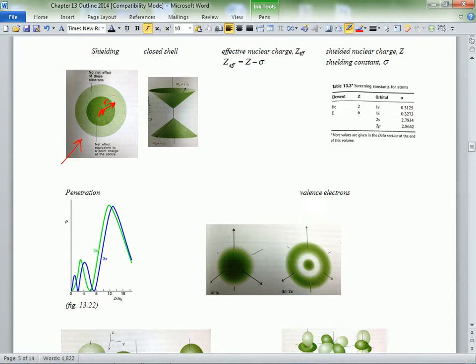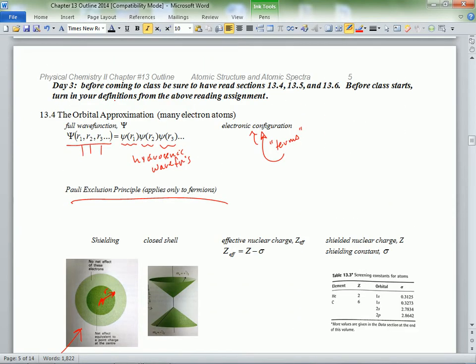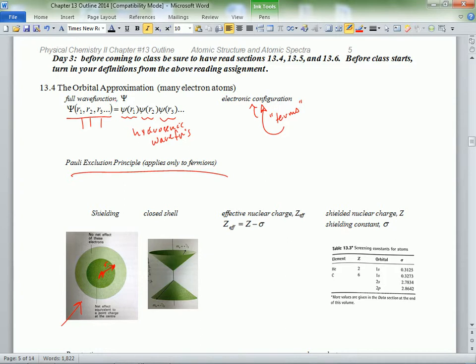Sorry, this may seem like a silly question, but we talk about the s, p and the various orbitals. Is that like dumbbell shape or spherical shape? Does that make a difference? Now, that's solutions to the Schrödinger equation for what type of atom? Hydrogenic. How many electrons is that? One.